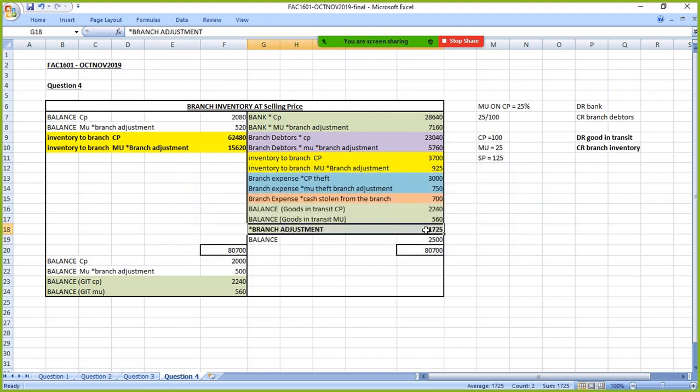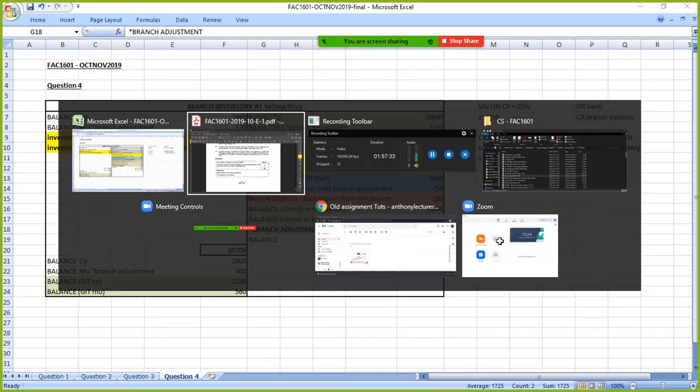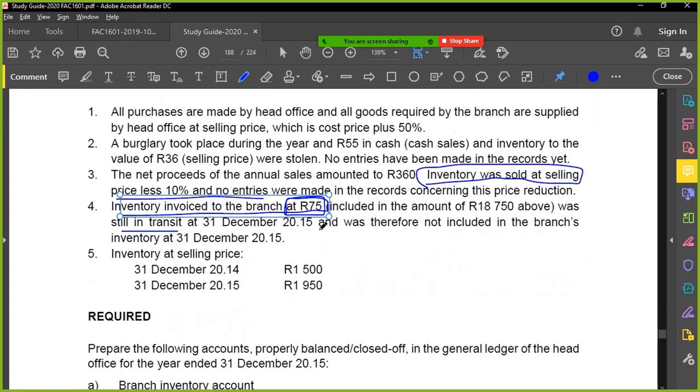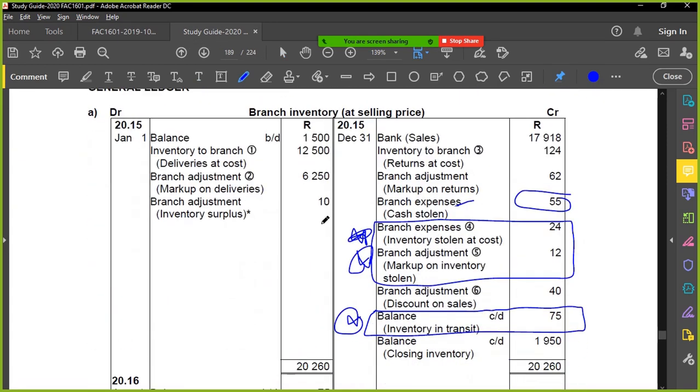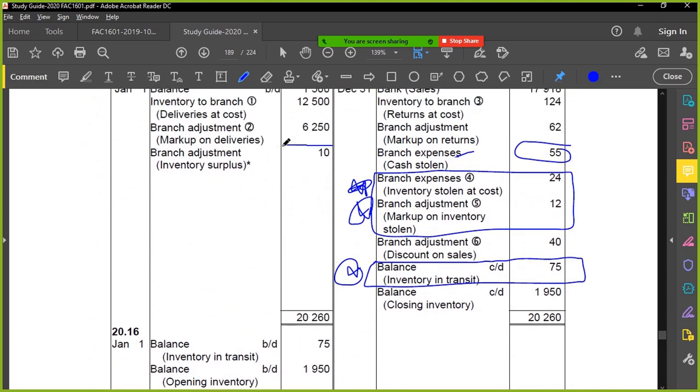Oh, I got this right. The only thing was, the reason I thought I got it wrong was because I also ended up with 1725 and I thought it had to balance. Oh, no, no, no. Remember, when you look at these accounts, this branch balancing amount, this surplus amount is something that you have to calculate.